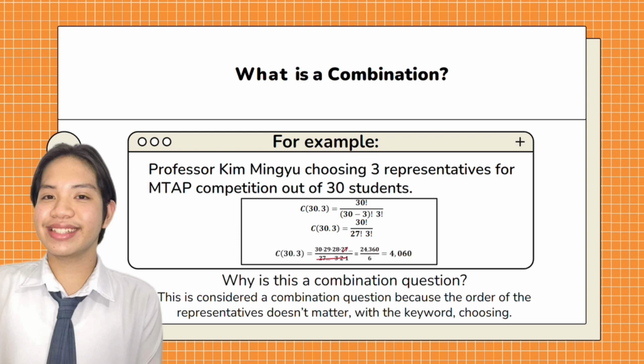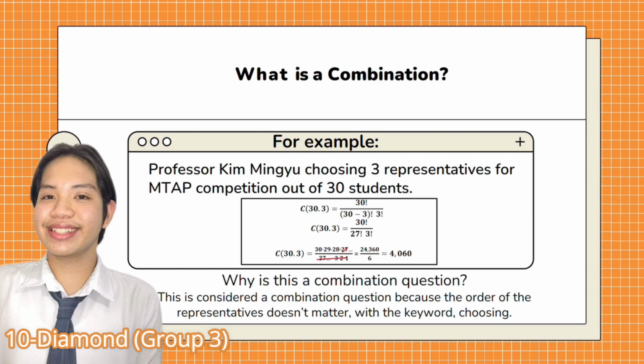Expand the numerator and the denominator. We have 30 times 29 times 28 times 27 and so on, over 27 times so on. And cancel all numbers from 27 below in the numerator and also from 27 below in the denominator.